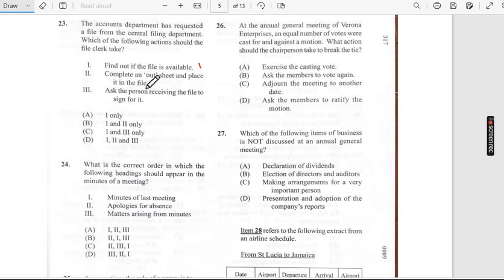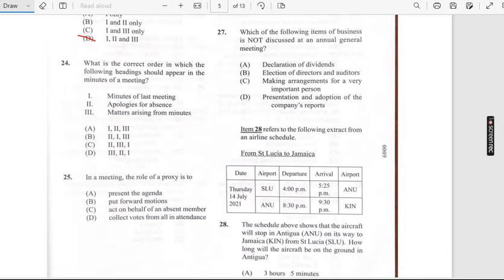Complete an out sheet, please, or ask the person receiving the file to sign it. Alright, so let me see on this one. Complete an out sheet. Alright, complete out sheet and place it in the file. And ask the person receiving the file to sign it. Alright, all 3 of them. I'll go with all 3 of them for this one.